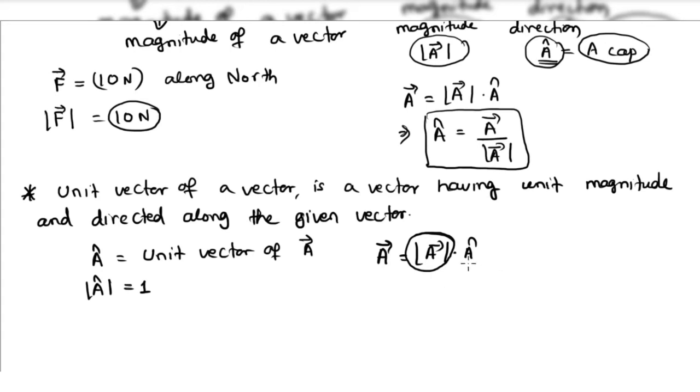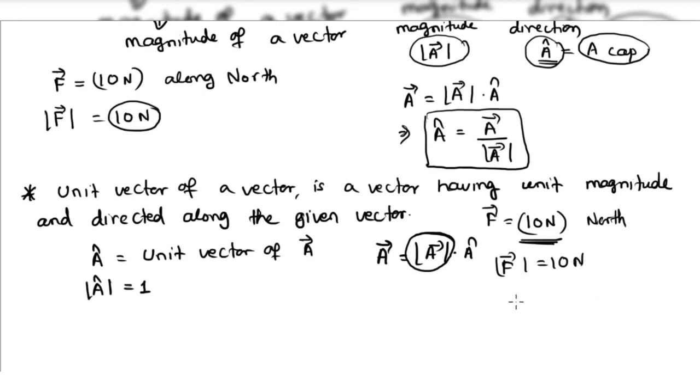But if we choose that the magnitude of A cap is 2 or 3, then definitely the answer will be wrong. Because if we are talking about a force having 10 Newton magnitude and it acts along the north direction, then 10 Newton is the magnitude. So if F is equal to 10 Newton along north, then F magnitude is equal to 10 Newton.